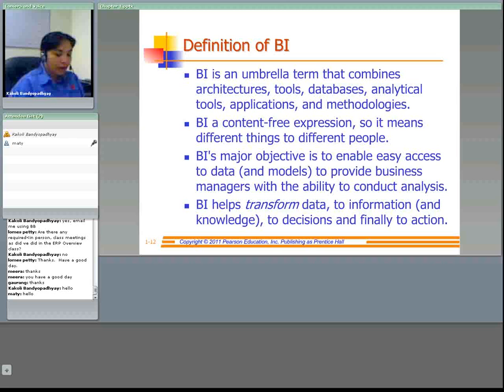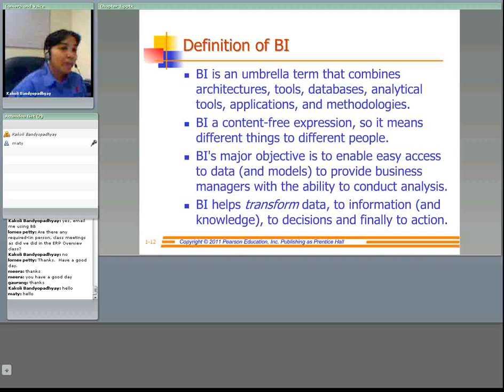BI is used heavily in planning and decision making. BI's major objective is to enable easy access to data to provide business managers with the ability to conduct analysis. So basically, we conduct analysis of data that are stored by organizations. What do we do by conducting analysis?